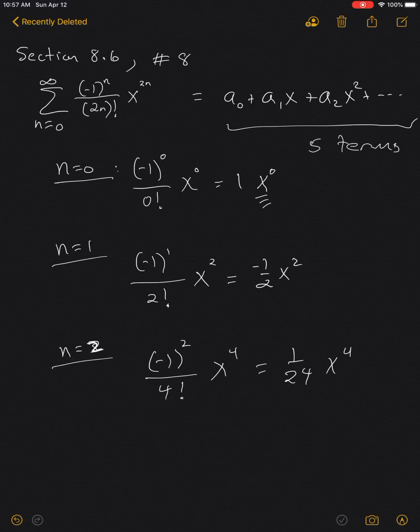And then each term is then 1 over a certain number factorial, and the number factorial matches our even exponent, 2n. So we have a 0 factorial, and 2 factorial, and 4 factorial showing up. So instead of continuing with the next few terms, I think at this point we can see the pattern.